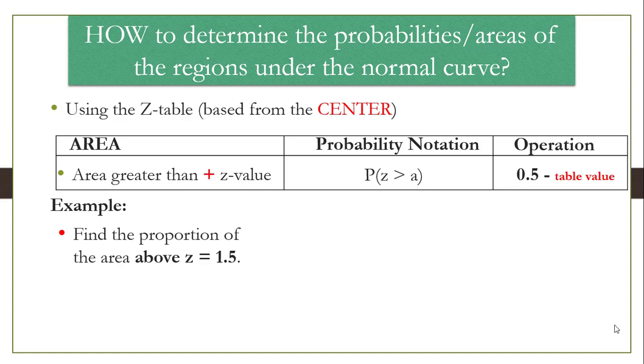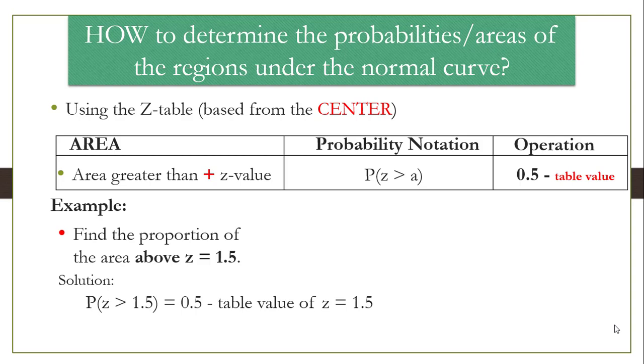The example here is, find the proportion of the area above z equal to 1.5. To solve that one, that would be probability of z greater than 1.5 is equal to 0.5 minus the table value of z equal to 1.5.